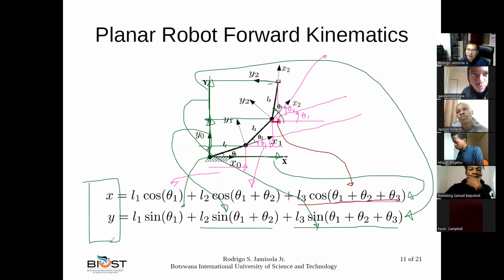That will be our exercise for the second lab session. You change the joint angles, and then you plot the hand position with respect to X and Y for planar robots. That's very easy.